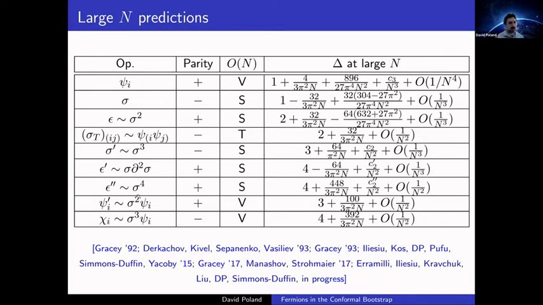And there are various other higher operators that are interesting for us to know about, particularly in the bootstrap when we impose gaps in the spectrum that we want to be compatible with, for example, these large n predictions. One operator I'll highlight here is the sigma prime operator, the second parity odd scalar, which you could think about as being like sigma cubed in a perturbative description. This operator at large n becomes exactly marginal. This is closely related to the deformation that Daniel Leidom was discussing this morning, where he thought about Gross-Neveu models perturbed by a 6 fermion interaction.